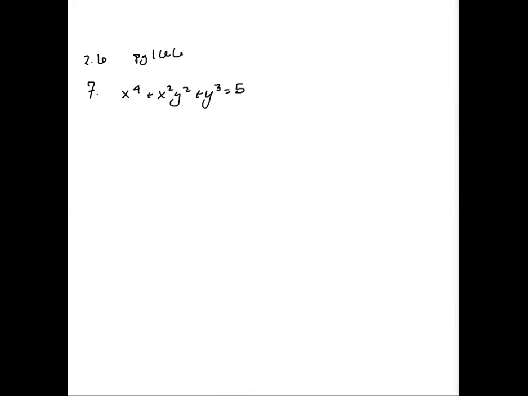But that would be very difficult in this case just because of the function that we are looking at. So instead, we are just going to go ahead and take the derivative of both sides with respect to x. This is d dx, and this is d dx.